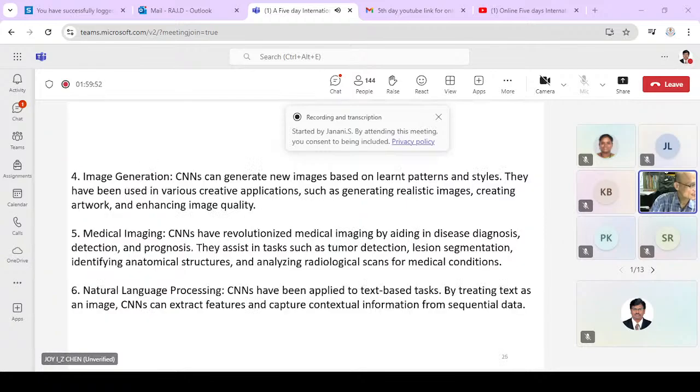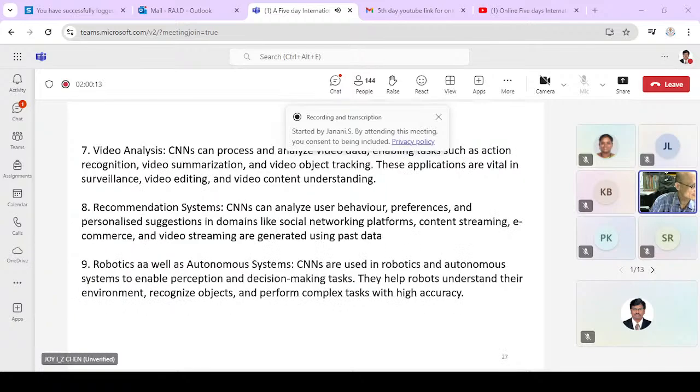We can also use CNNs for image generation, medical imaging, NLP (natural language processing), video analysis, recommendation systems, and robotics applications, and also augmented reality or AR applications by recognizing and tracking objects, improving scene understanding, and enhancing user experience.